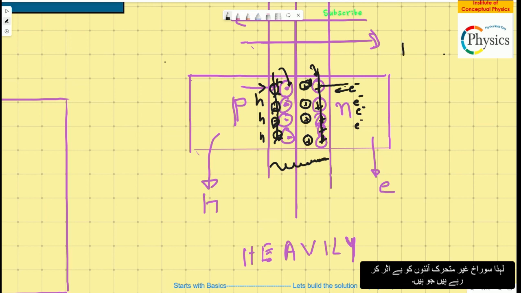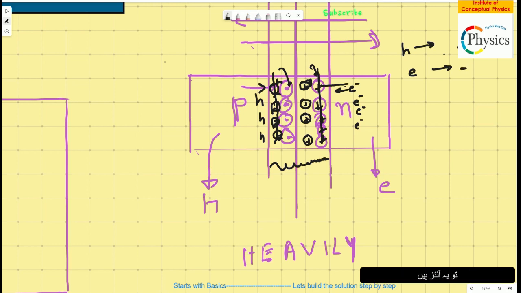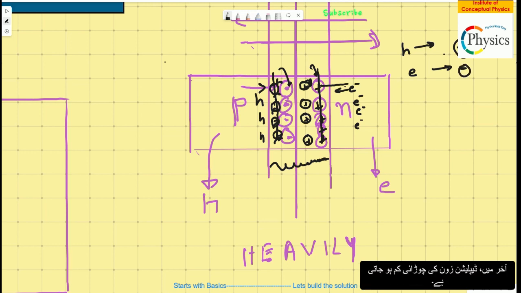So the holes are neutralizing the immobile ions, which are positive ions, and the electrons are neutralizing the negative ions which are there on the p side, right? So these are the ions being referred to in the depletion layer. So what happens finally? The width of the depletion zone reduces.